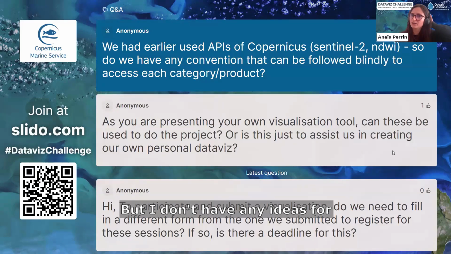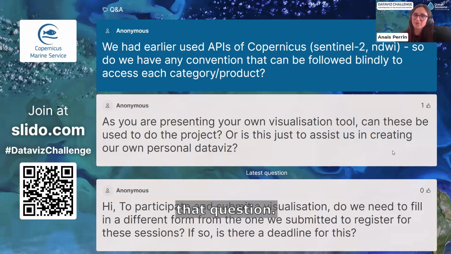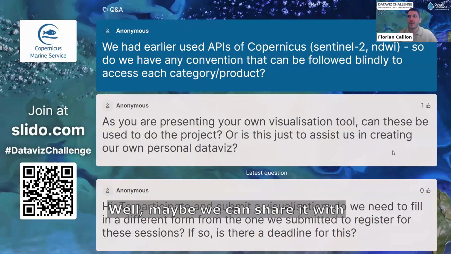I don't have any ideas for that question, sorry. Well, maybe we can share it with you afterwards. Yes, we'll add the answer to the post-event report that we'll send to all participants of today's session.